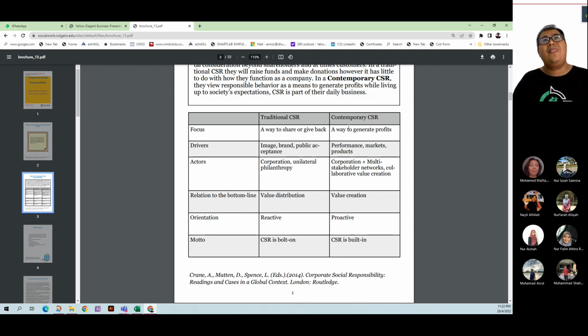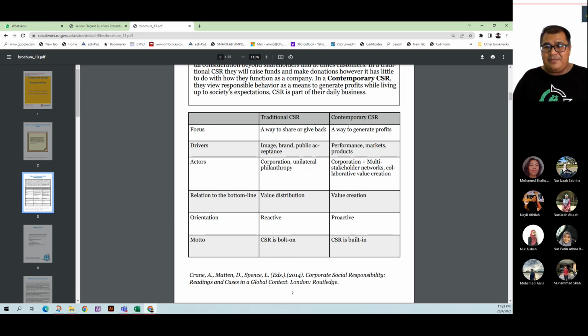Contohnya, dia nak buat CSR, dia jual, buatlah jualan amal contohnya. Jualan amal dia tu, dia tak nak beli sepenuhnya barang untuk dia jual tu. Mungkin dia minta sponsor.